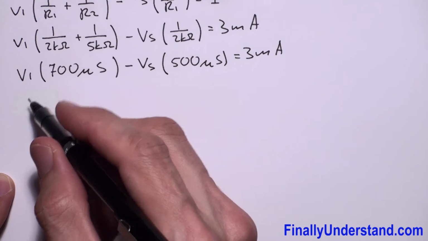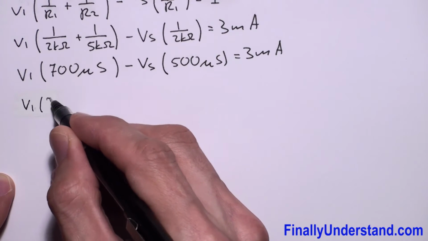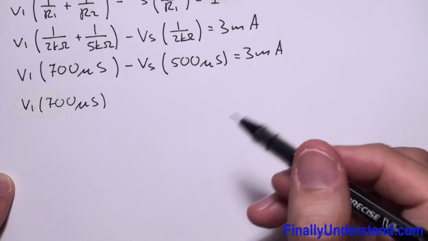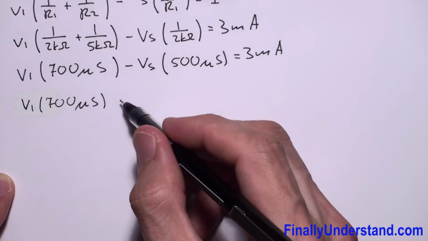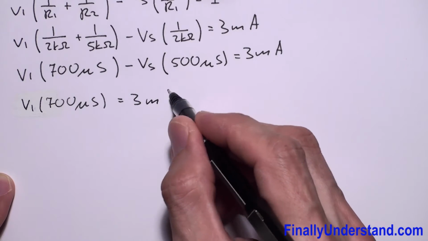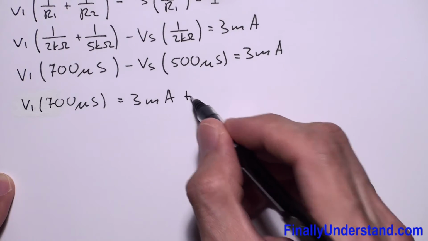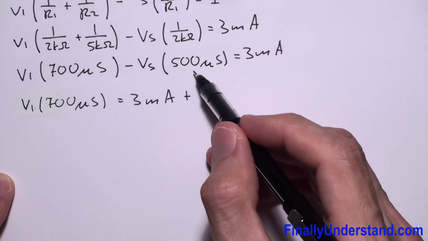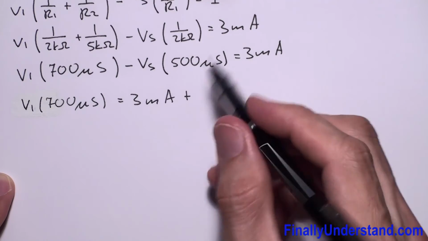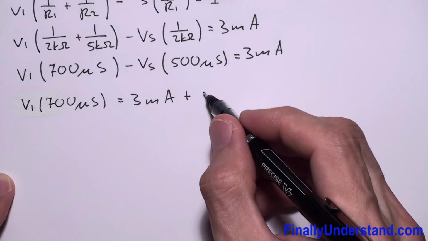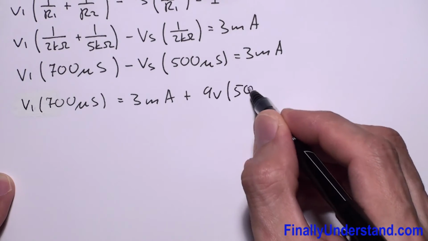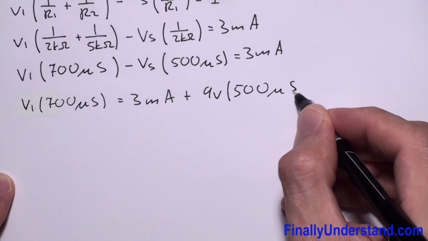So what I'm going to do, I'm going to simply write that this is V1 times 700 microsiemens. I'm doing everything step by step for those of you who have difficulties with mathematics. This equals 3 milliamps plus voltage source times 500 microsiemens. We said that voltage source is equal to 9 volts, so I'm going to write this down over here: 9 volts times 500 microsiemens.